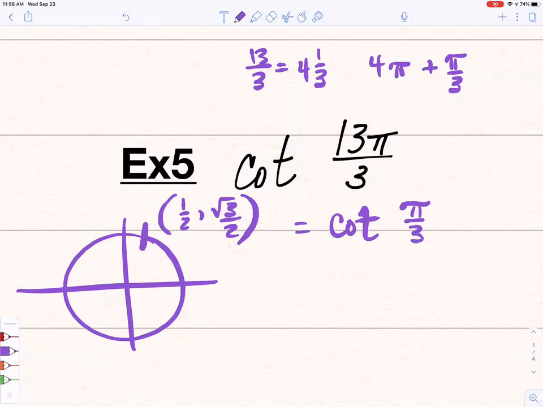I marked it on the circle, but just to write it down. This is going to be x over y, so that's 1/2 over root 3 over 2, which is root 3 over 3. Once again, I've shown you the work on multiplying by the reciprocal a couple of times, so that's why I didn't show you the work here. I have accidentally memorized that.